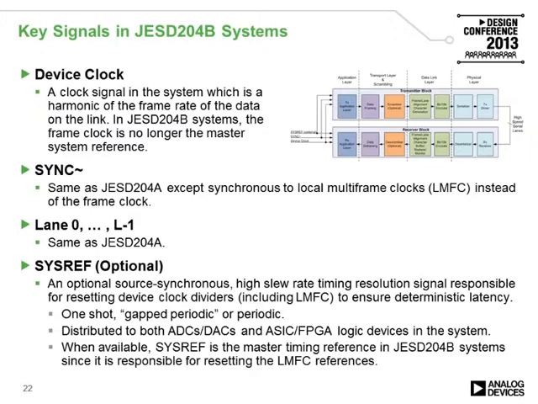This helps to ensure deterministic latency. It can be one-shot or periodic and is distributed to both ADCs, DACs and ASIC/FPGA logic devices in the system. When available, the SYSREF signal is the master timing reference in JESD204B, since it's responsible for resetting the LMFC references.